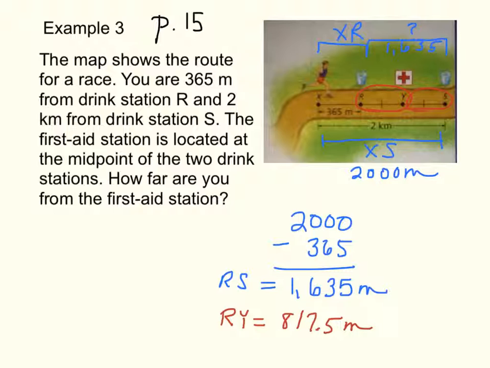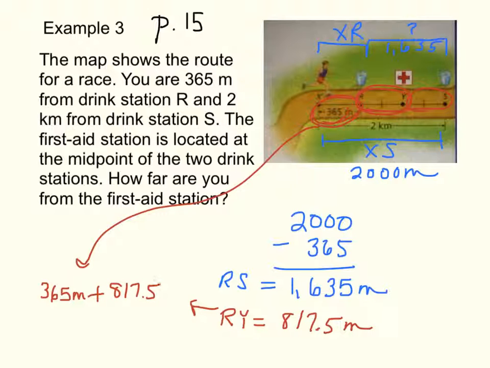So we know 365 meters, plus we now know RY, which is 817 and a half meters.